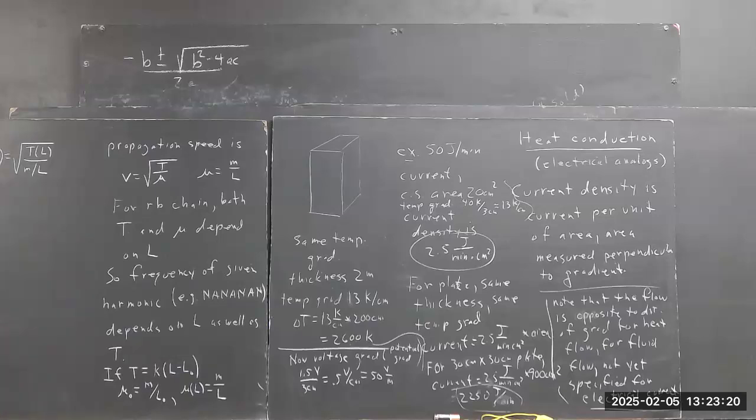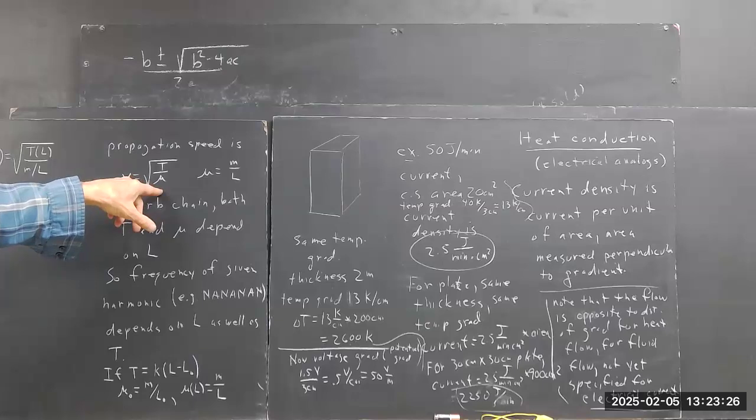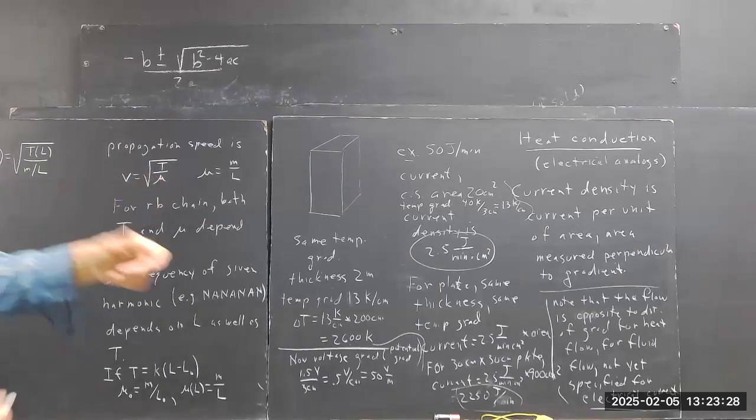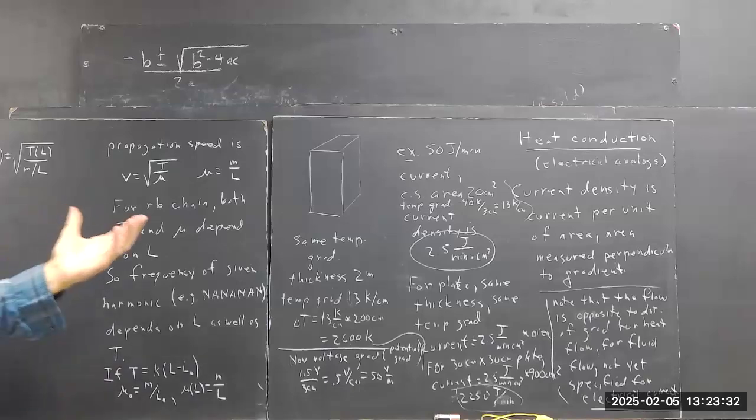That's as opposed to just tension over mu naught, which is what you'd have if the length wasn't changing. But the length changed by 5 or 10%, and that changed the tension fairly significantly.